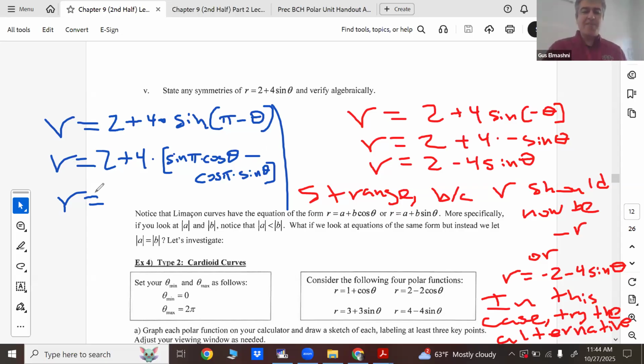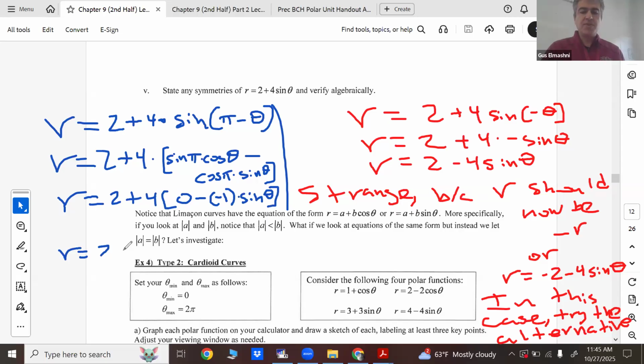Now if I work this out, it's not too bad. I think that'll be okay. What's sine pi? What's cosine pi? And the minus negative?